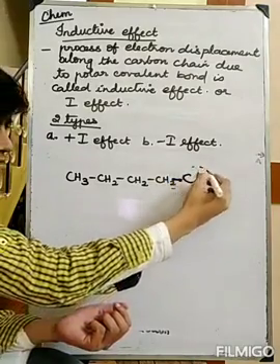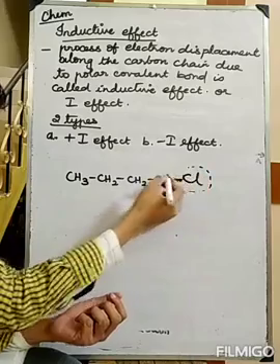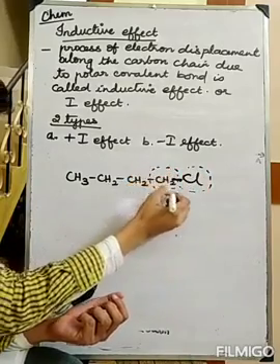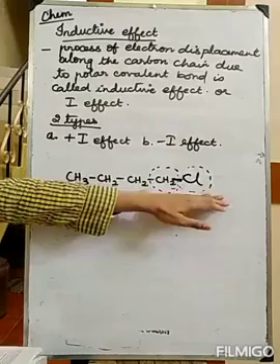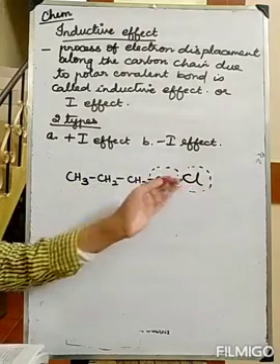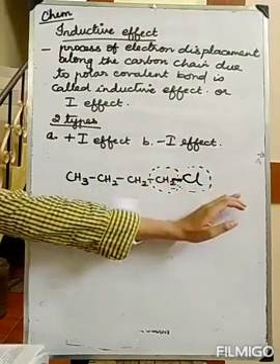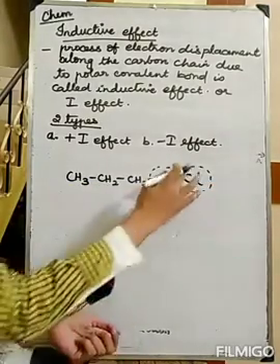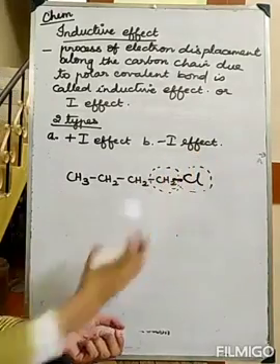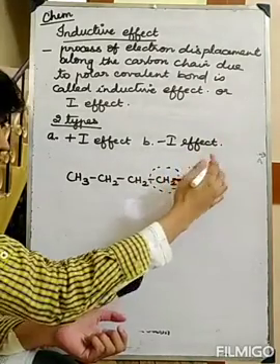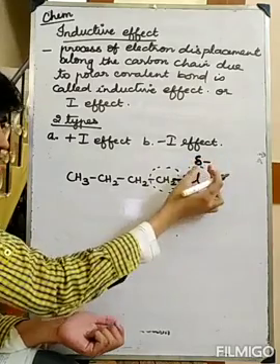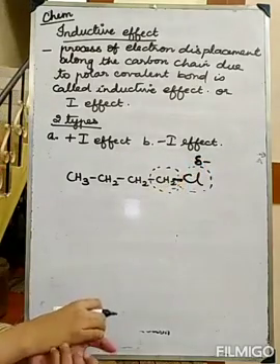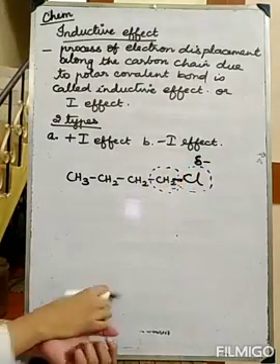So this side the electron crowd will be more, and this side the electron crowd will be less. Why is the electron cloud more on this side? Because chlorine is electronegative, it will attract the electron towards itself. So this chlorine will get a small negative charge.